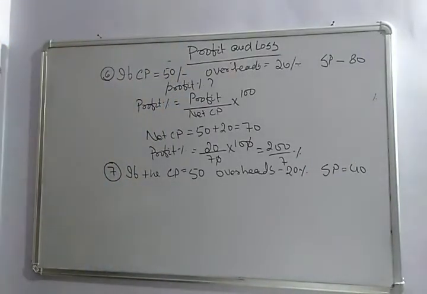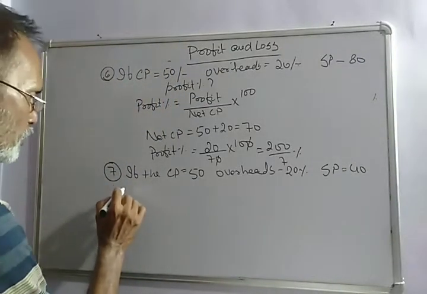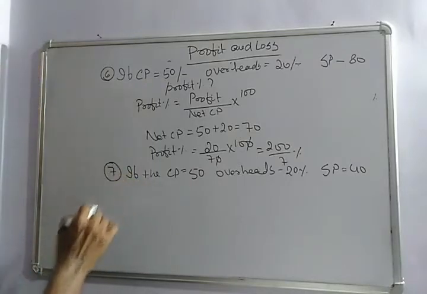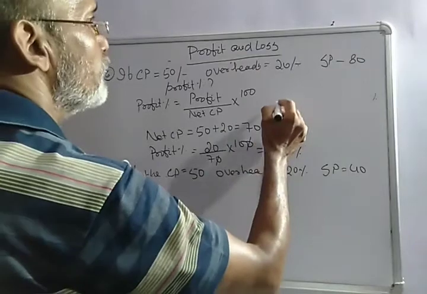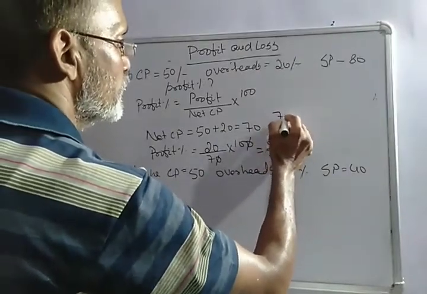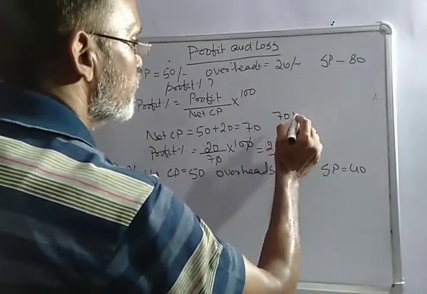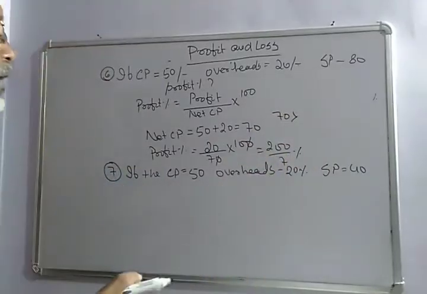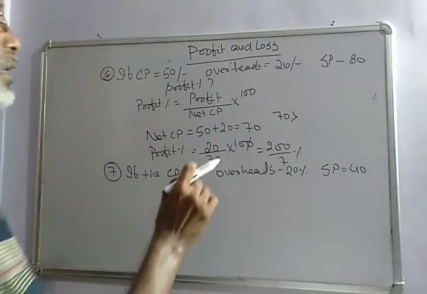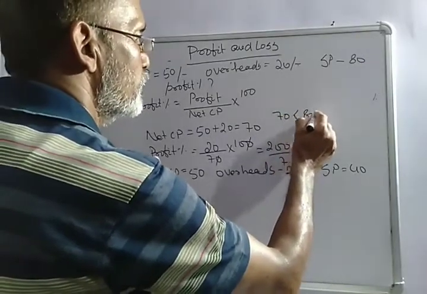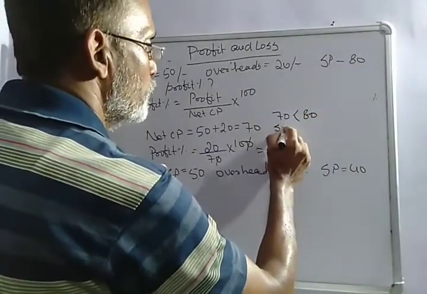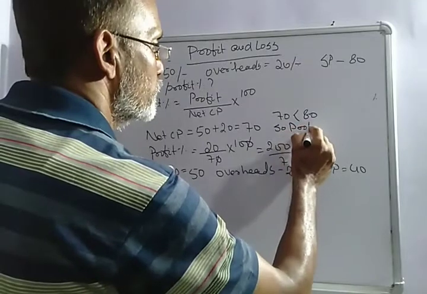Here also, remember, for the previous case 70 is less than 80, so profit is incurred.